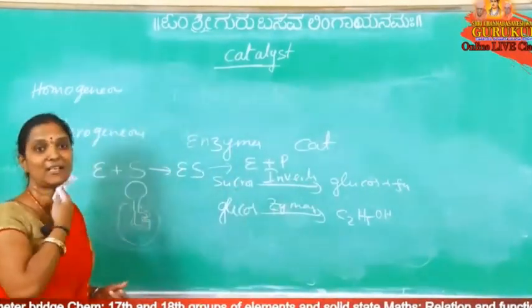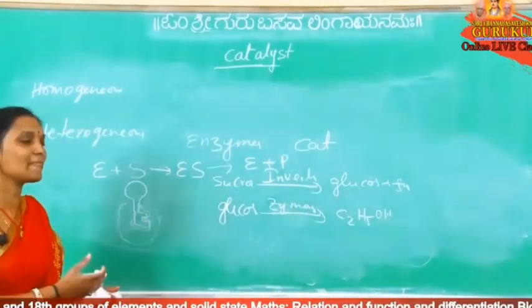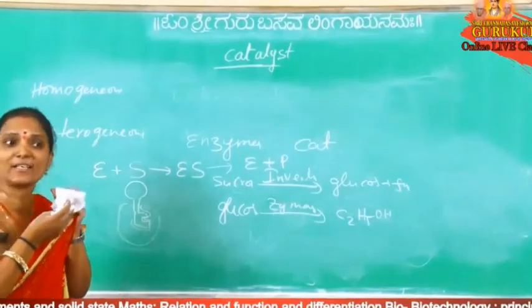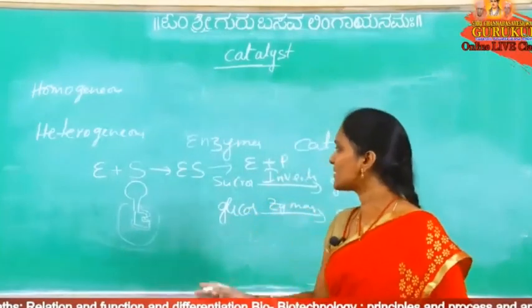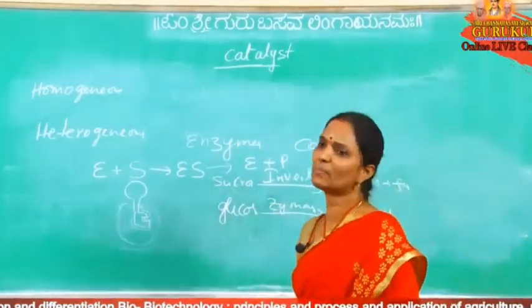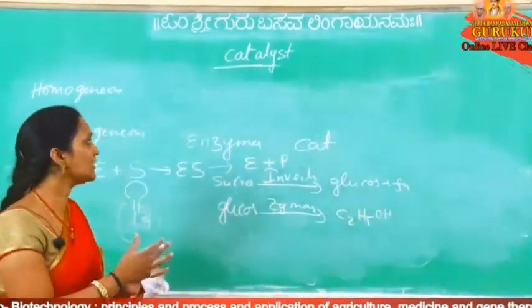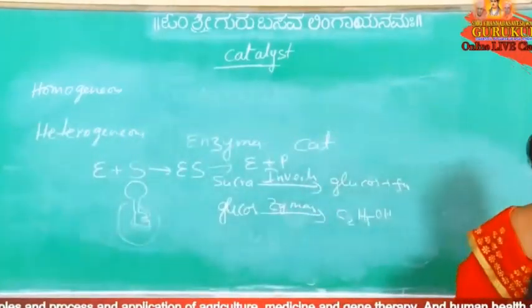So how does an enzyme catalytic reaction take place? The enzyme first combines with the substrate, then it changes to one intermediate, the enzyme substrate complex, by the lock and key mechanism, then it changes to enzyme and product. This is the enzyme catalytic reaction. Here I have given many examples. Anyhow, in biomolecules and in biology also we learn different examples. So next one is the shape selective catalyst.